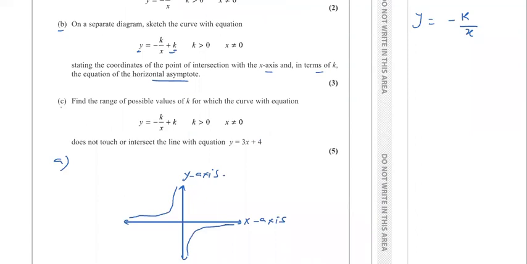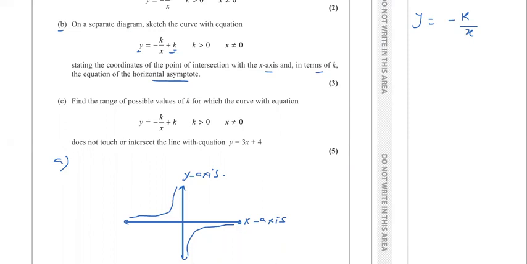Now next, part D, is find the range of possible values of k for which the curve with equation does not touch or intersect with the line y is equal to 3x plus 4. Now first, this is y is equal to minus k over x plus k, and this one is y is equal to 3x plus 4.